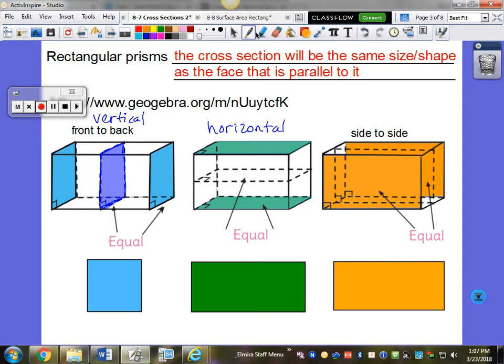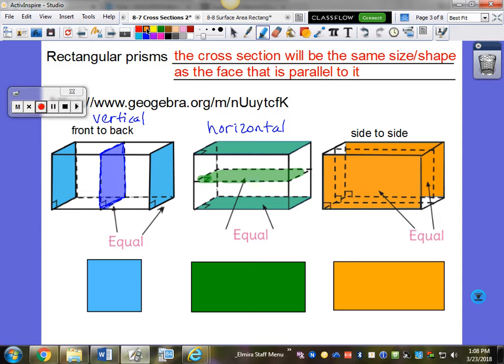The middle is a horizontal slice, and on your homework you're going to see these specific things. So for my horizontal slice, it means that I'm cutting horizontally, and that's the part that I just colored in there. That's the shape that it's going to look like when it's cut. And it's exactly the same shape as the top and the bottom, which is this rectangle shape if I could turn it. This one's going to be hard to color.